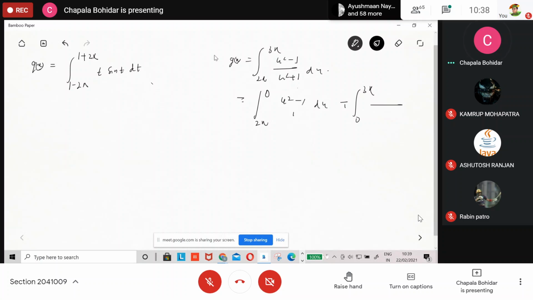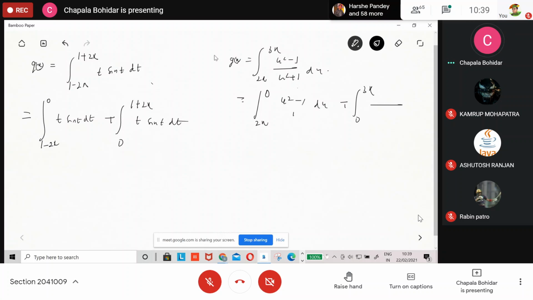Here we have to convert this as 1 minus 2x to 0 of t sin t dt, then plus 0 to 1 plus 2x of t sin t dt.